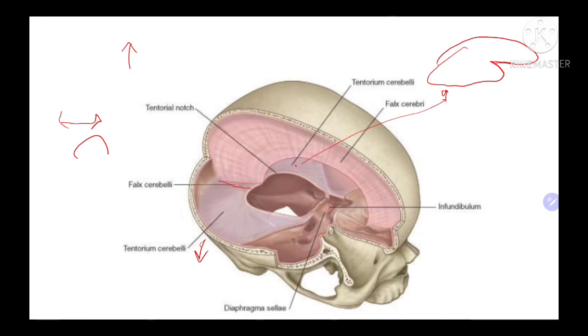You can see here it has two circumferences, one posterior or major, and one minor circumference.